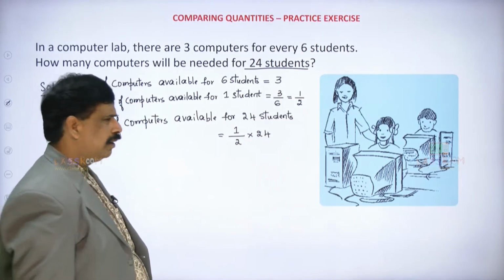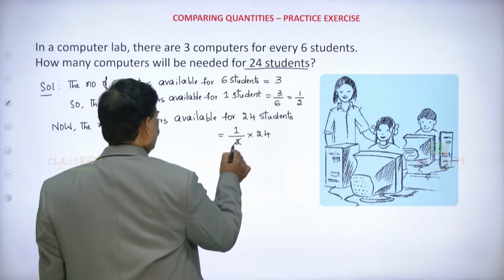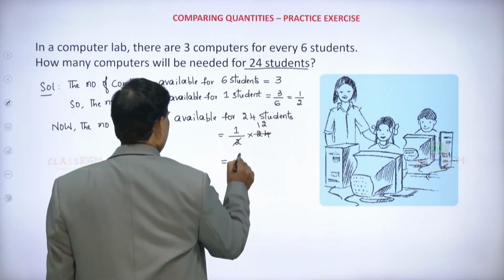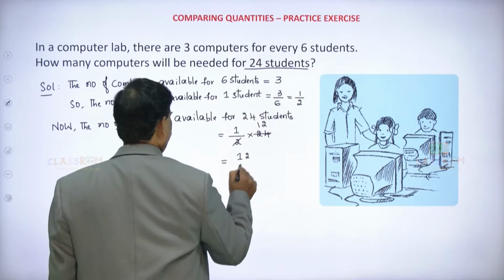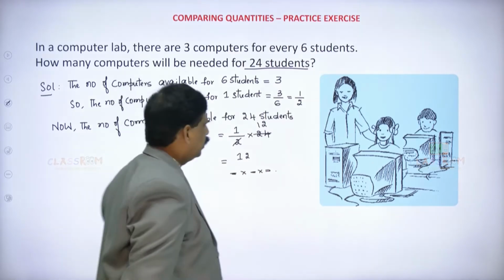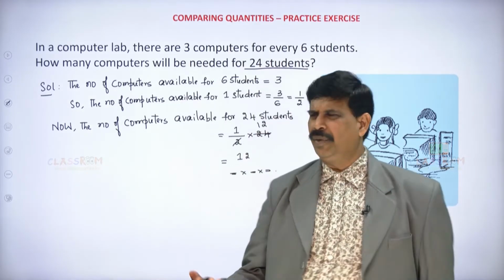Clear? So 2 ones are 2, 2 twelves are 24. So how many computers are available for 24 students, children? 12 computers are available.